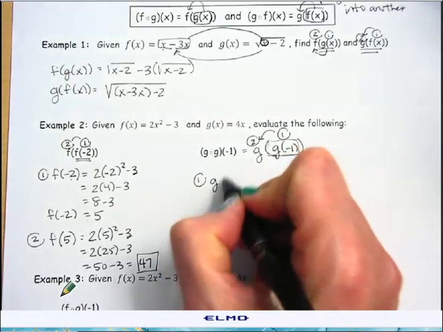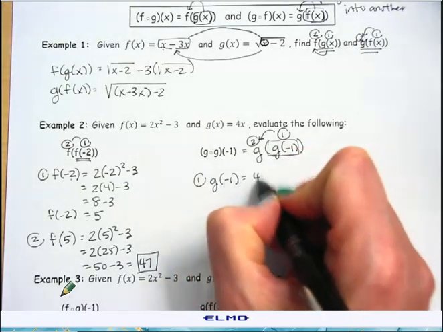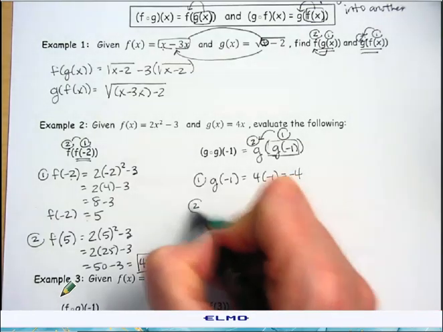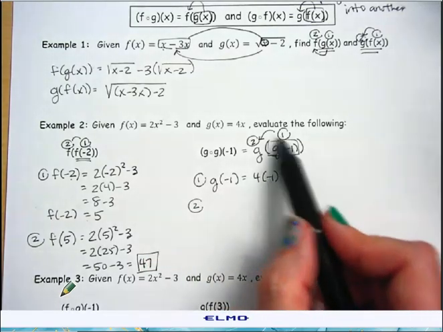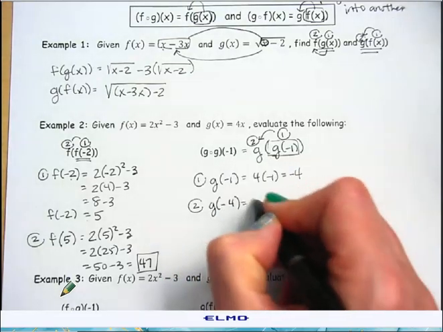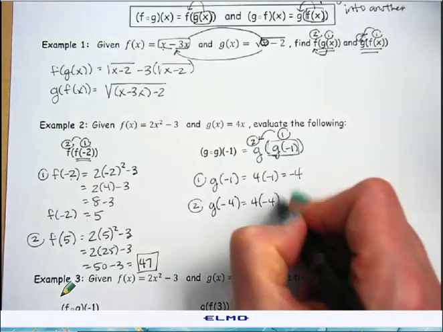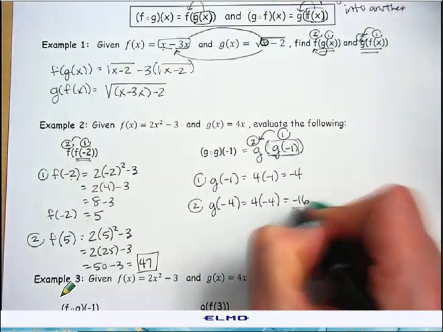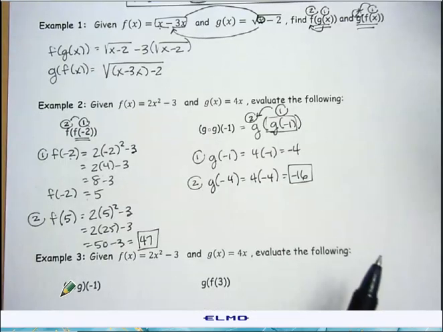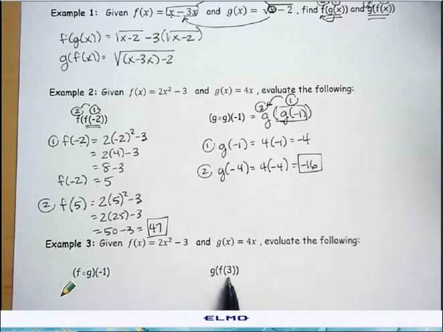So here's g of -1 is -4. And now I take that -4 and plug it into g again. And get -16.